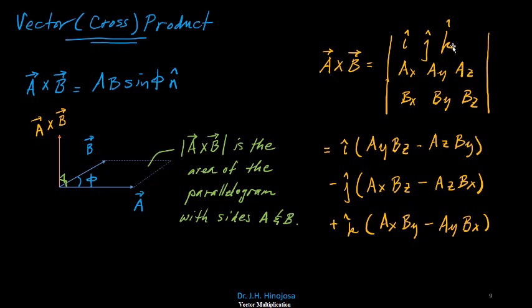And then we take plus k. We ignore the first row and the third column, and we only consider this submatrix of ax, ay, bx, by. So we take ax times by minus ay times bx.